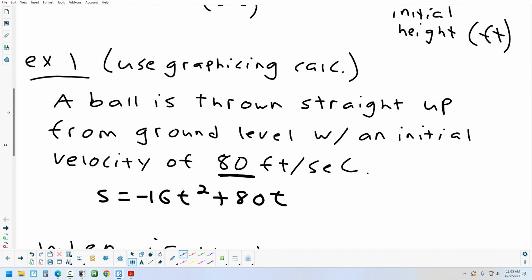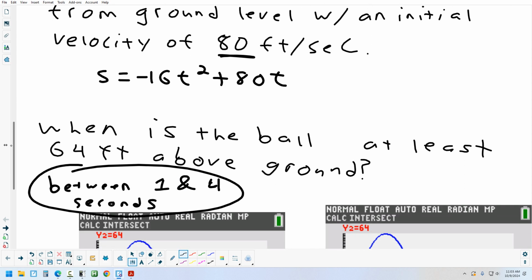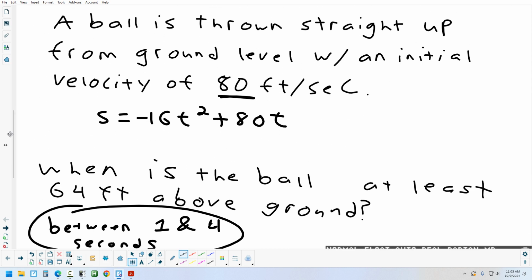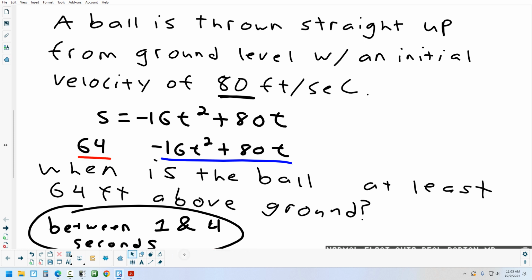Okay. So what we basically just did is we solved this inequality. We let the height be 64. That's what we used as the horizontal. This was the formula. And we wanted to figure out when the graph in blue was above or equal to 64.